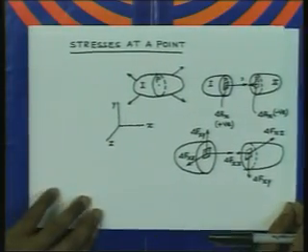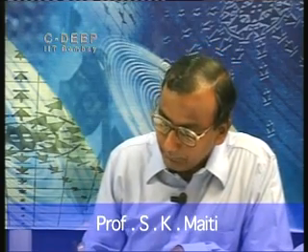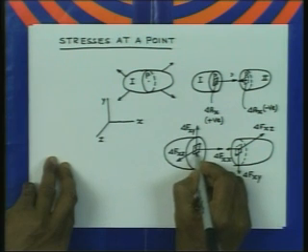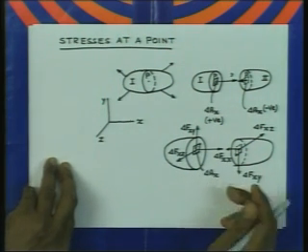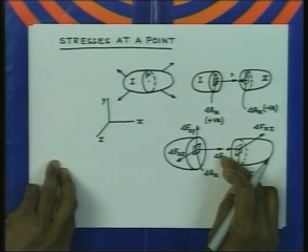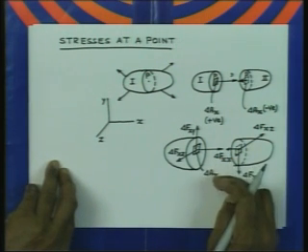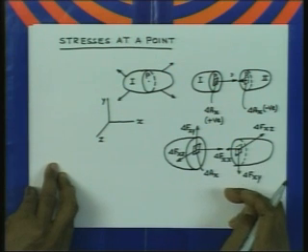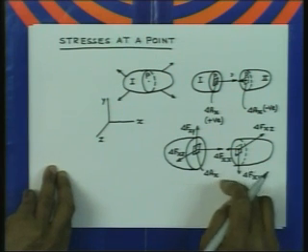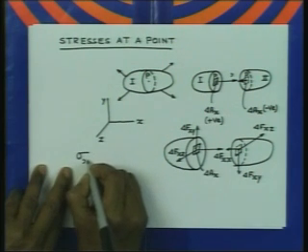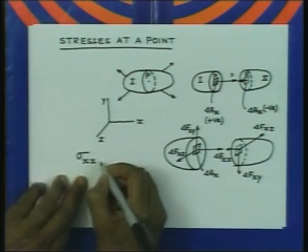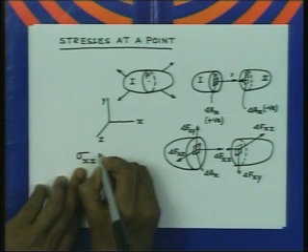Now we can define the limits: if the area delta Ax tends to 0, then the intensity of this force, that is force per unit area as delta Ax tends to 0, is what we call the stress in the x direction, sigma xx.